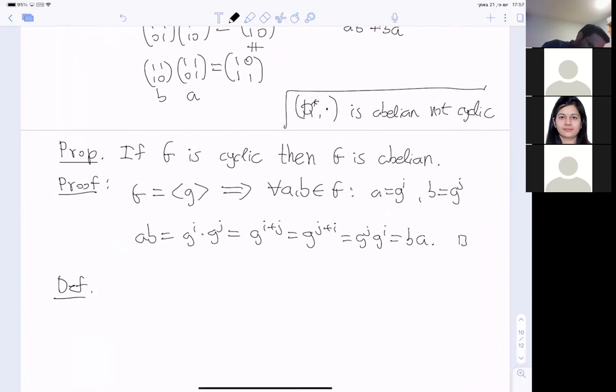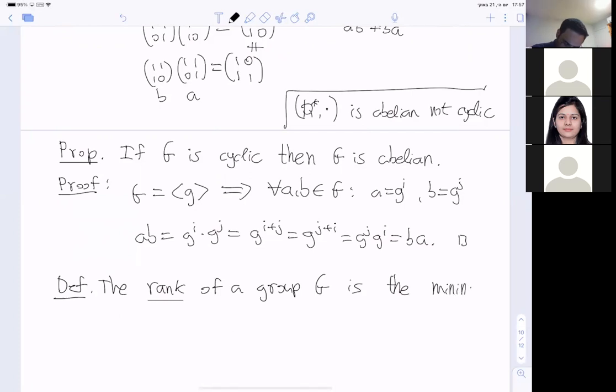The rank of a group G is the minimal number of generators, or of elements that generate it together.